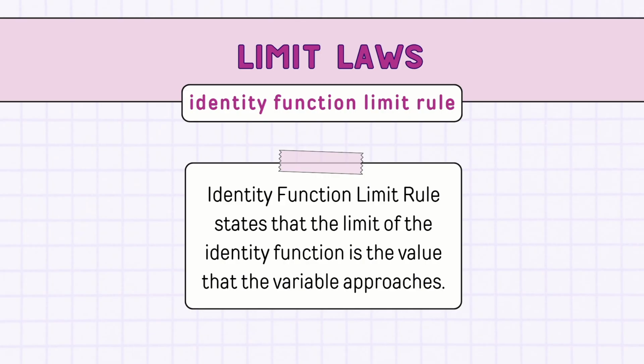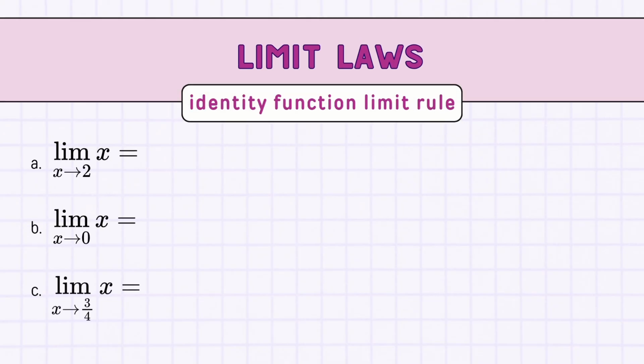Next, the identity function limit rule. The identity function limit rule states that the limit of the identity function is the value that the variable approaches. For example, we have the limit of x as x approaches 4. Our answer is simply 4. As we can see here, the limit of x as x approaches 2 is 2.